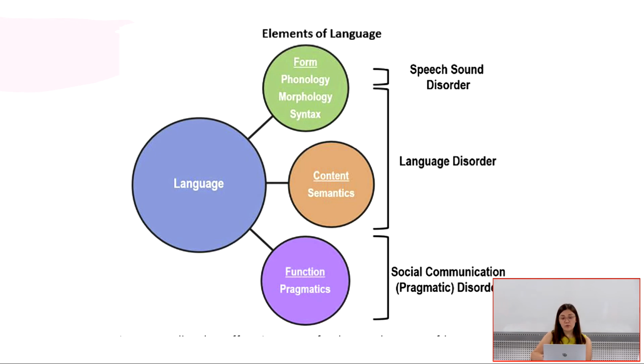And when we say form, it entails phonology, morphology, and syntax. These are the forms that create our systematic language usage. For example, in phonology, we use sound strings to make up a word, and in morphology, we add affixes, suffixes, and prefixes to make a word or change the meaning of a word.